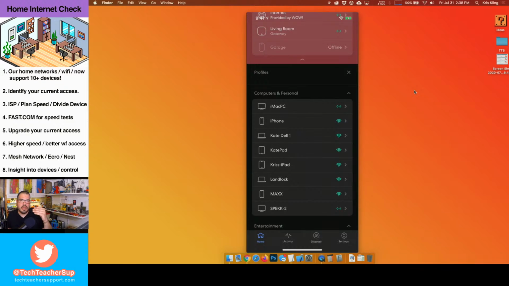And then from there, I can block, pause, or limit bandwidth so that me, the teacher, who's trying to do a live stream and do some distance learning, can have priority, and the other devices in my house can be second fiddle for a while. So having that control and insight into your network, instead of just a random black box that's providing some internet, but you're not really sure how much and where it's going, a mesh network is going to provide you a much better experience when you're working from home with multiple devices.